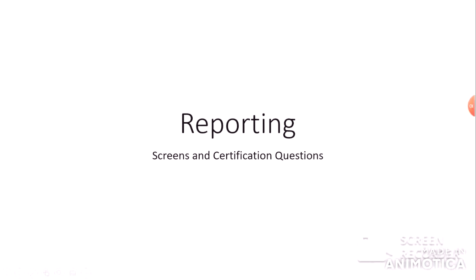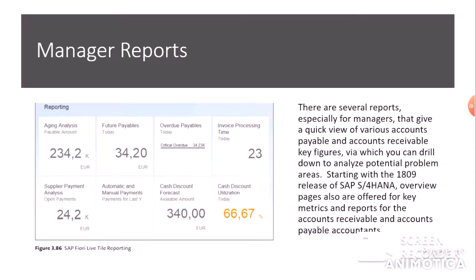So today in this video we are going to see the screens related to reporting. What are the kinds of reporting in SAP S/4 HANA? So if we see, there are different kinds of reports we can generate from Fiori app.